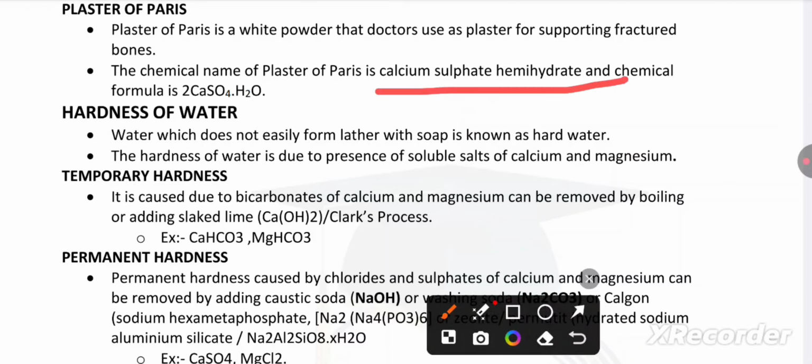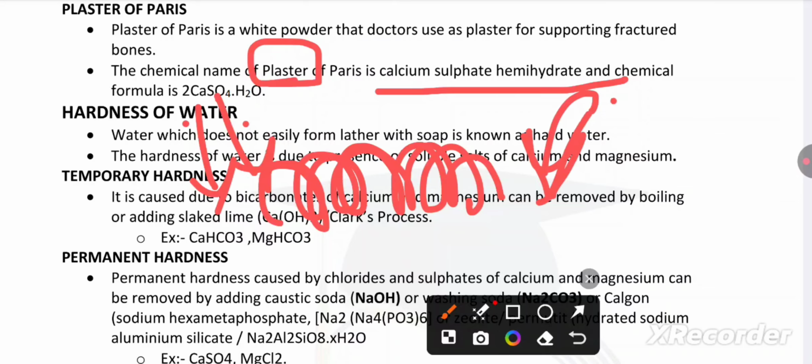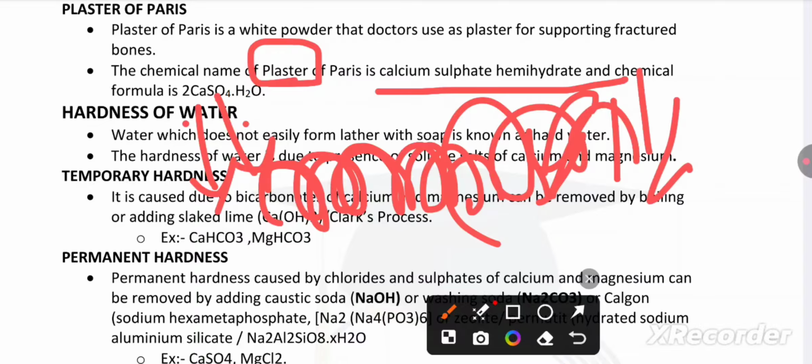Plaster, bone, we can put plaster, calcium sulfate, very fast. No water will come inside that plaster, half H2O.